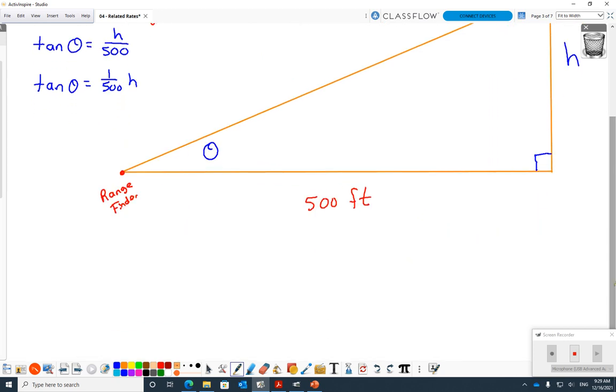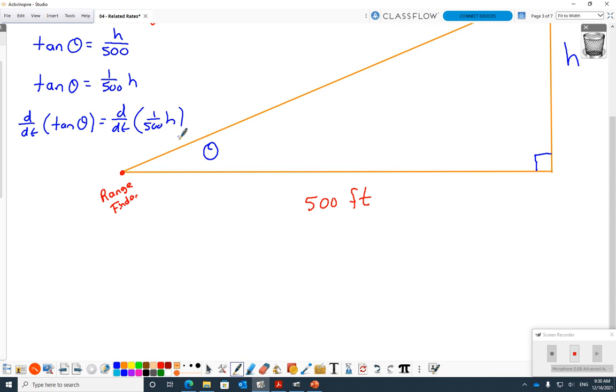Now, d by dt of both sides. I'm writing this every time for teaching purposes, but it could be you're at the point where you're like, I don't have to write d by dt on both sides, but it really is showing off what you're doing. It's making derivative into an operation. I'm doing d by dt of both sides. So, derivative of tan theta.